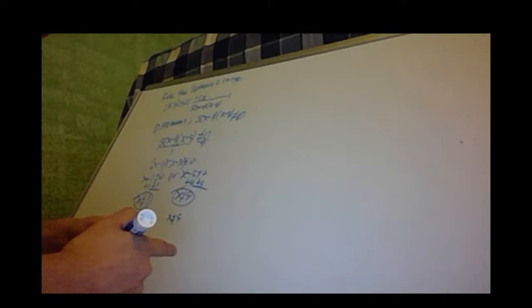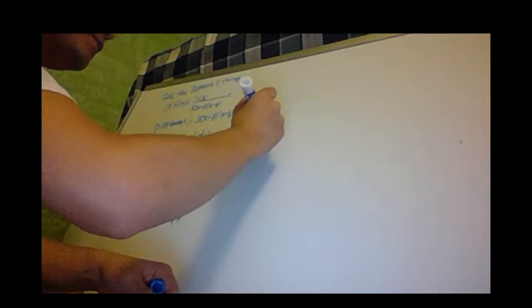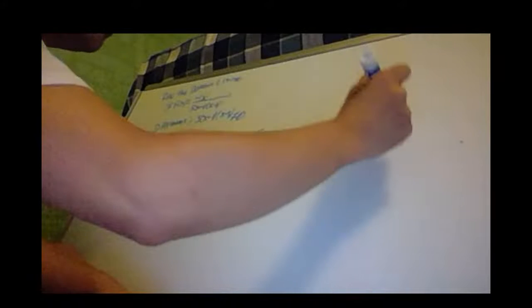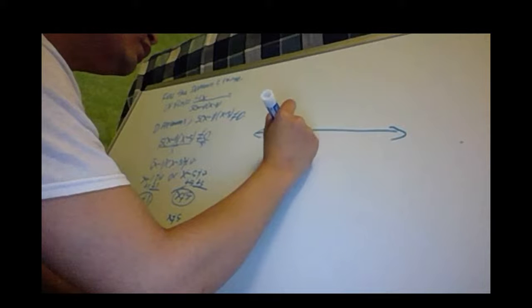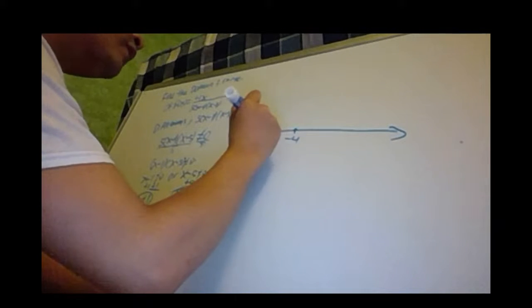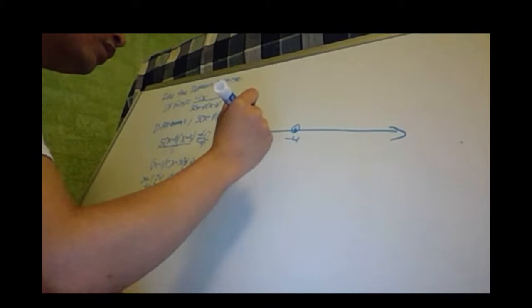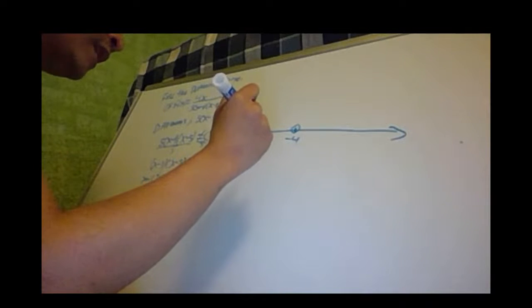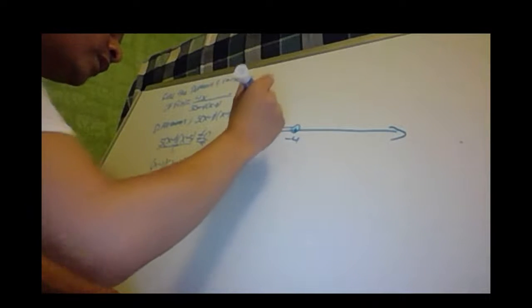So for example, and this is apart from the problem, if I have something like a value going from negative infinity to negative 4, and we're kind of shading like this, right?